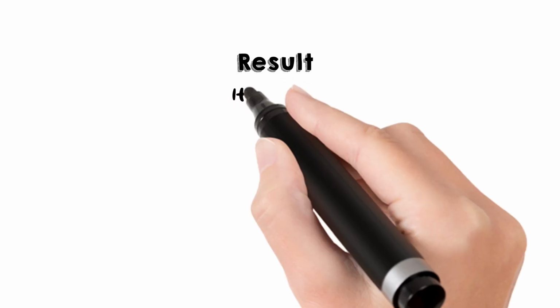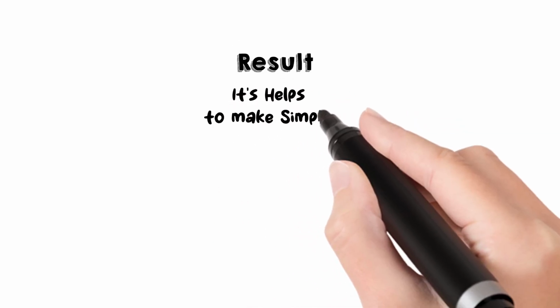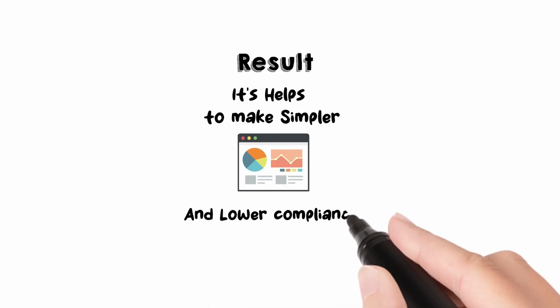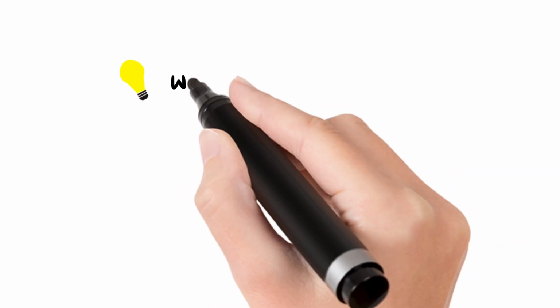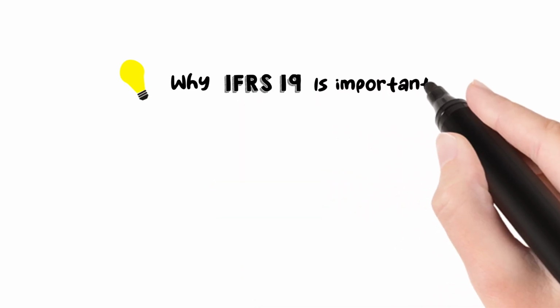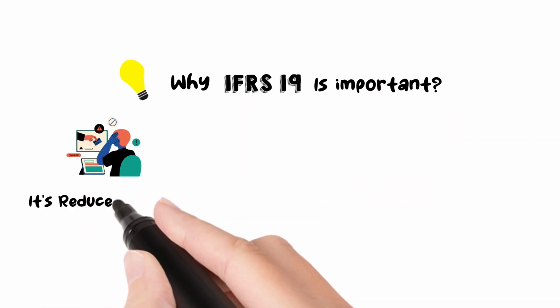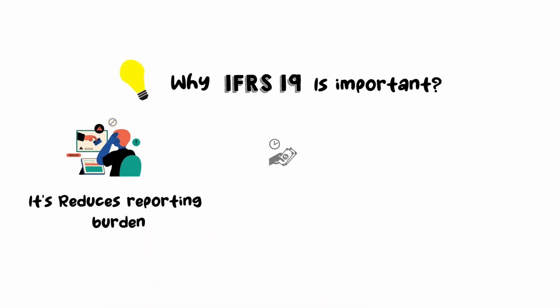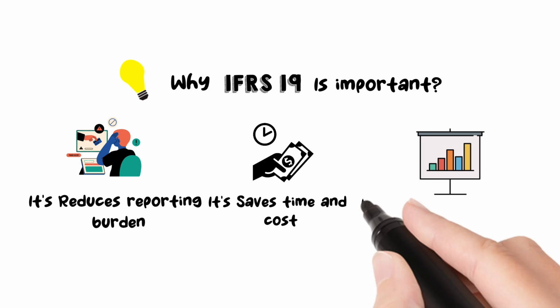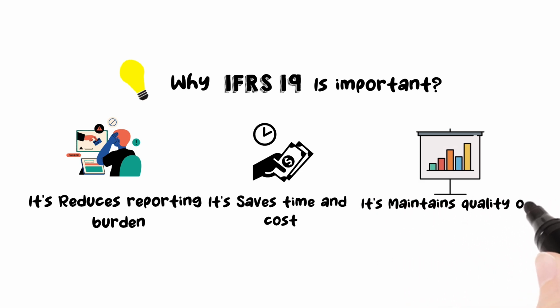Result: it helps make simpler financial statements and lower compliance cost. Why is IFRS 19 important? It reduces reporting burden. It saves time and cost. It maintains quality of financial reporting.